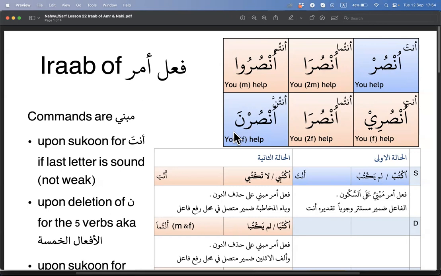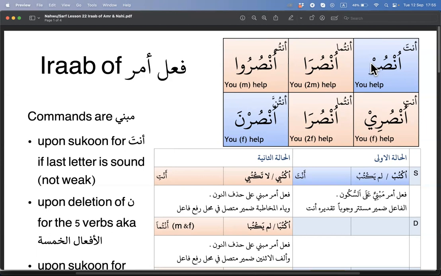Okay, so fi'il amr will always be mabni, like fi'il madi. Even though you make it majzum, once it becomes like this, that is what it's talking about. It's not saying that this word is fixed in the sense that you cannot make it rafa.